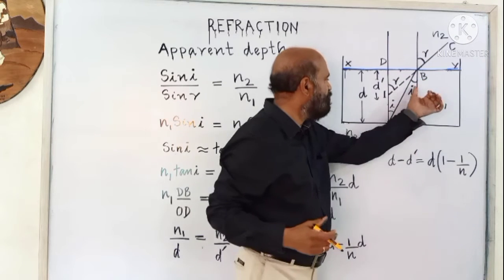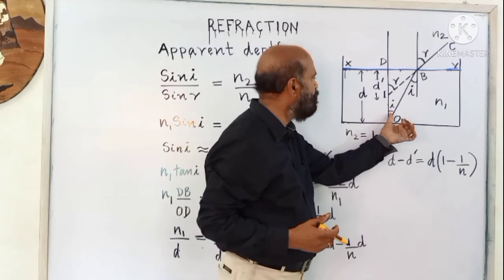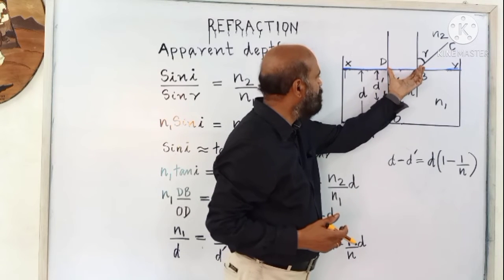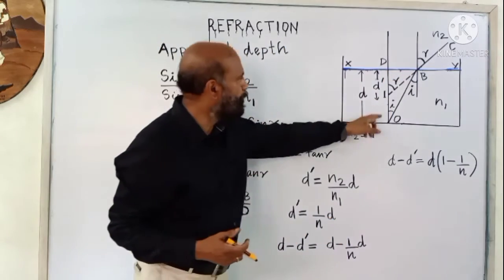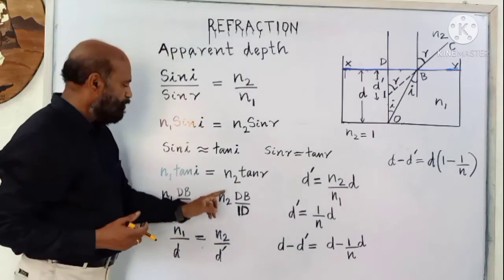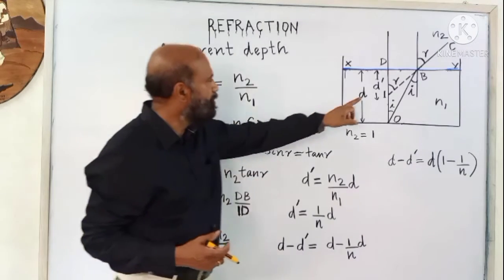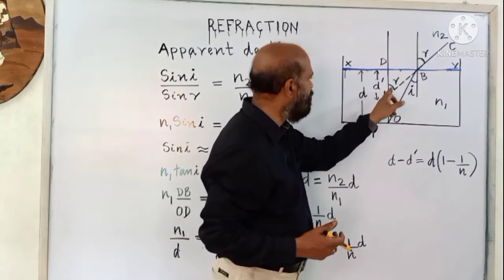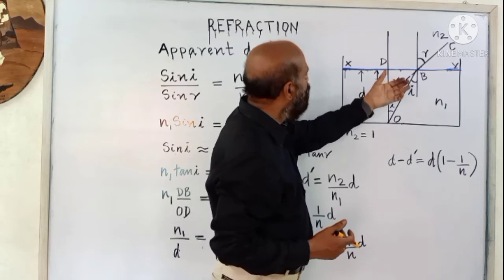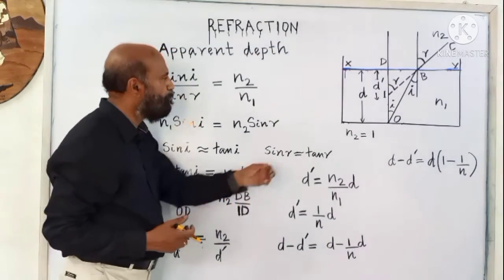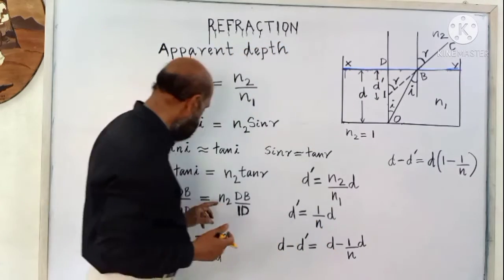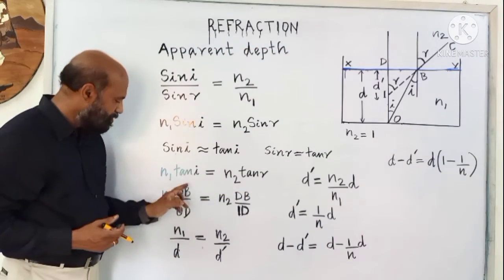So this is I, and this is also I. So tan I is opposite side by adjacent side, so dB by OD. And N2 tan R: in this triangle, tan R is opposite side dB by ID. This dB will get cancelled.